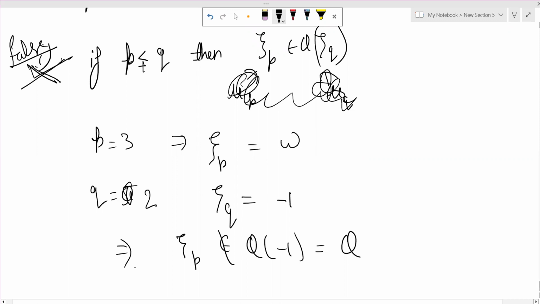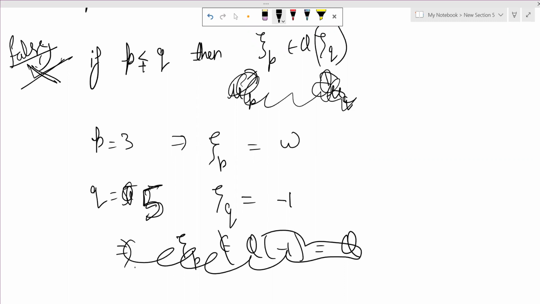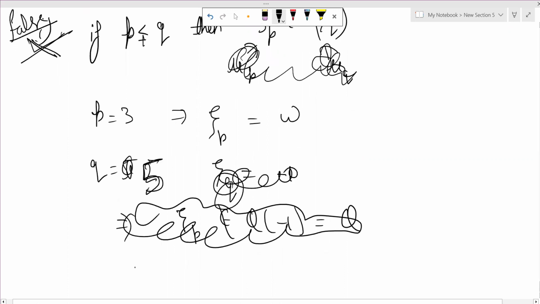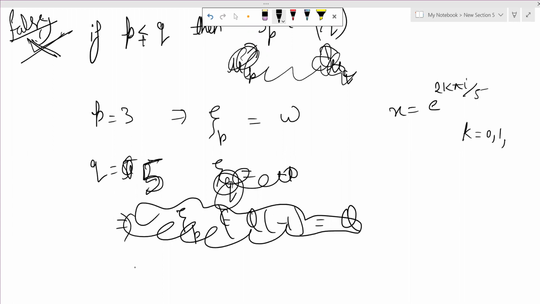So take q equals 5. Okay, prove this one. Take q equals 5. So what are the fifth primitive roots of unity? These are of the form x equals e to the power 2 k pi i by 5, k equals 0, 1, 2, 3, 4.